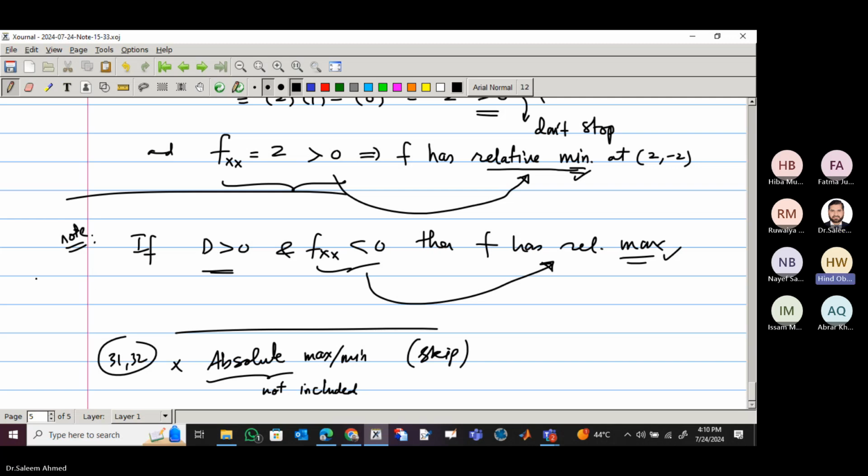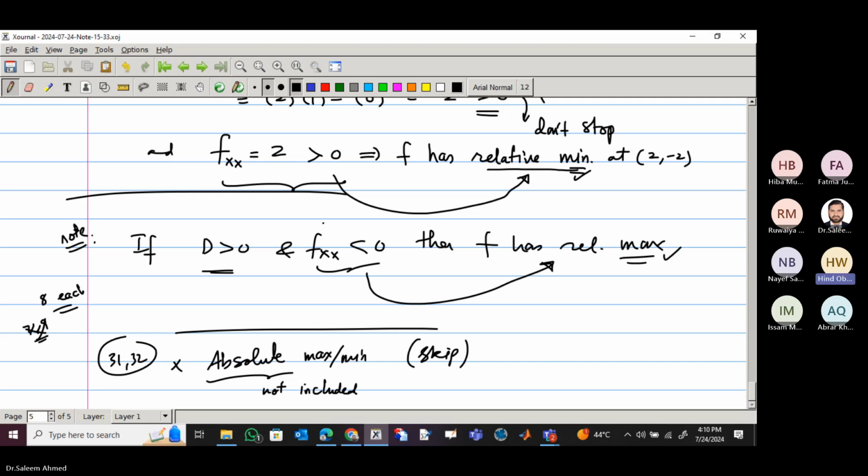Almost 8 marks each, I think. If someone has 7 marks, the other one may have 9 marks, but it will not be very different. So all these sections contain almost the same weightage.